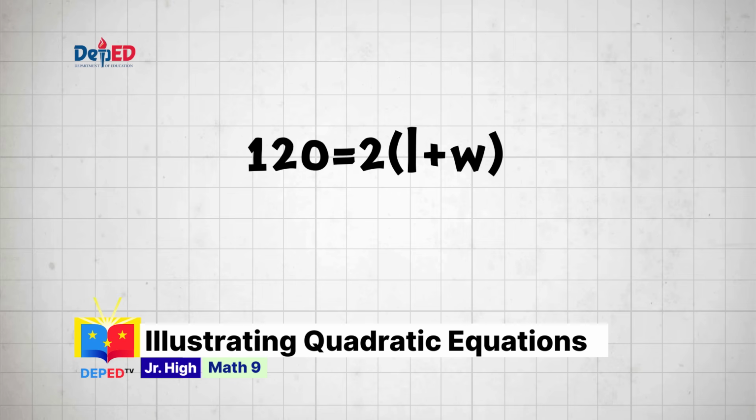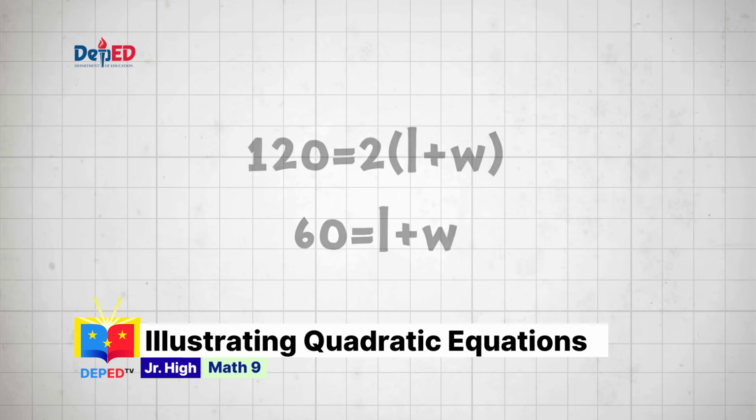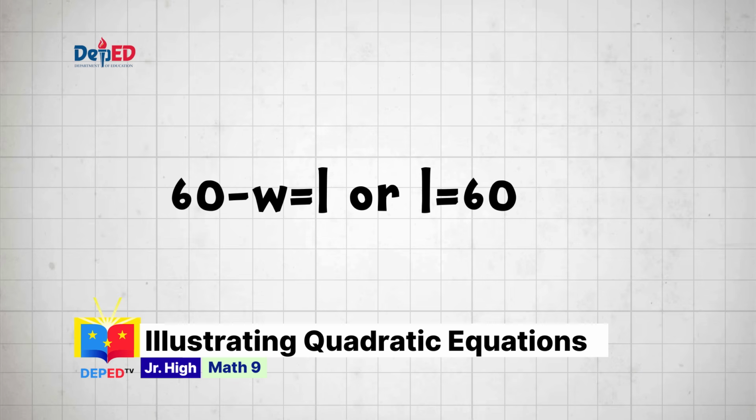This means that twice the sum of the length and the width is 120. And this also means that the sum of the length and the width is 60. Say we express the length in terms of the width. So we have the equation 60 minus W equals L, or L equals 60 minus W.